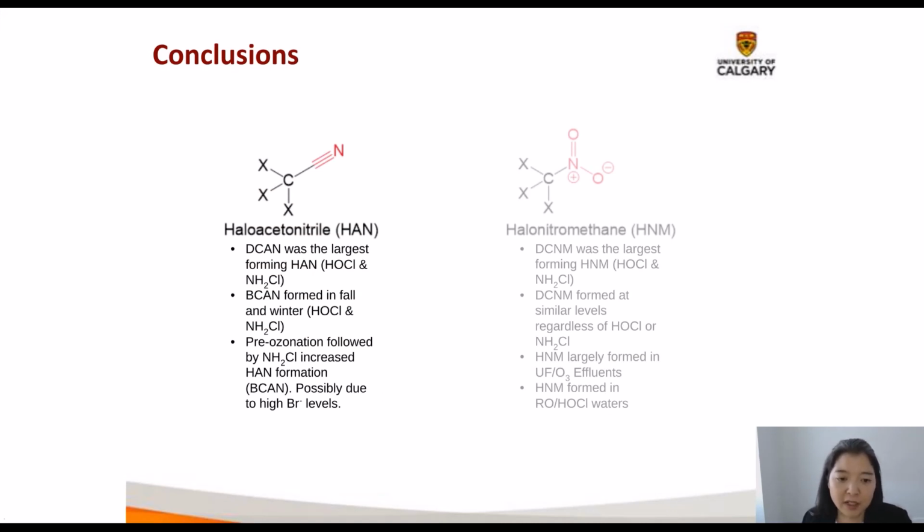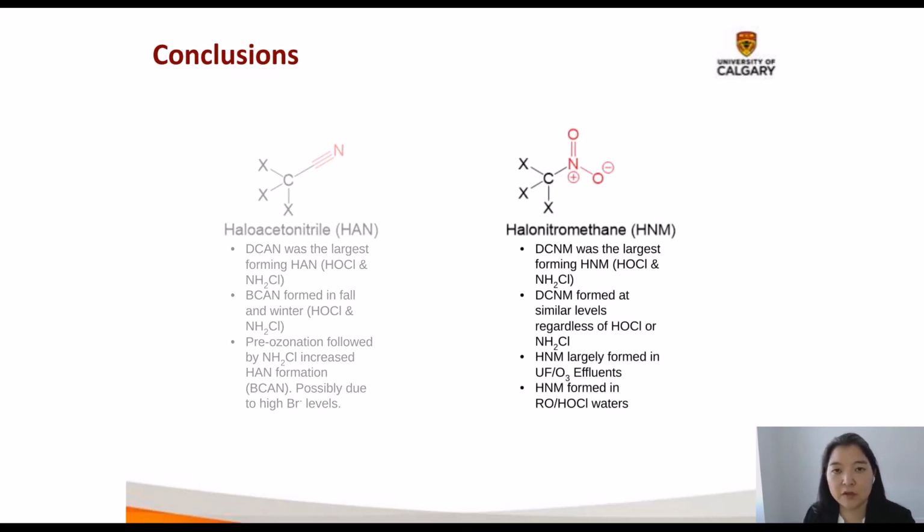So for haloacetonitriles, dichloroacetonitrile was the largest forming haloacetonitrile in both disinfection methods. Bromochloroacetonitrile only formed in fall and winter, and also pre-ozonation followed by chloramine increased the haloacetonitrile formation, especially the brominated species, possibly due to high bromide levels.